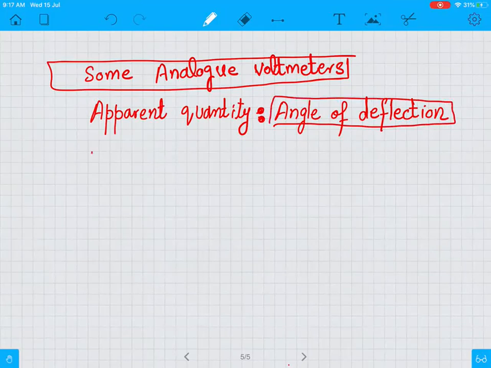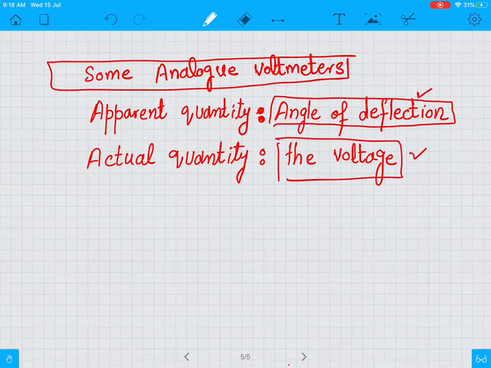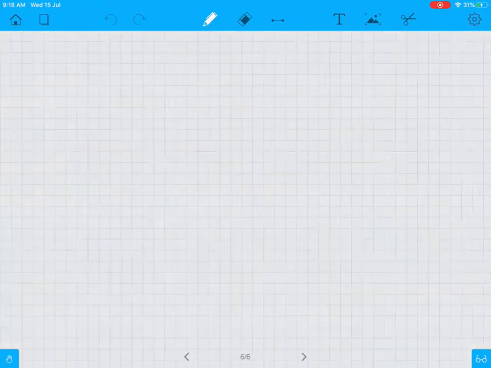And the actual quantity for a voltmeter is obviously the voltage. A graph between voltage and angle of deflection will be called the calibration curve of an analog voltmeter. Let's see some examples of voltmeters and their calibration curves.